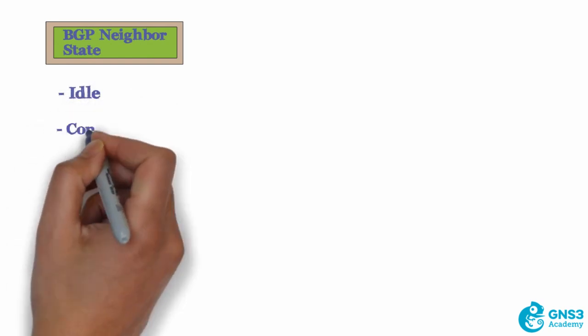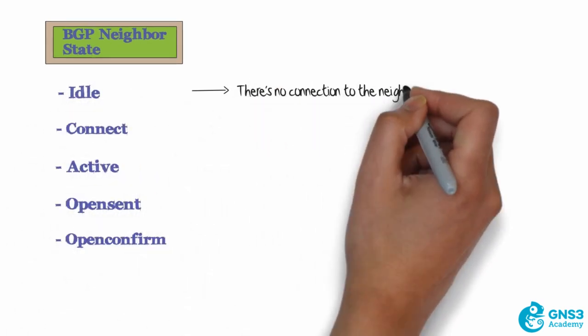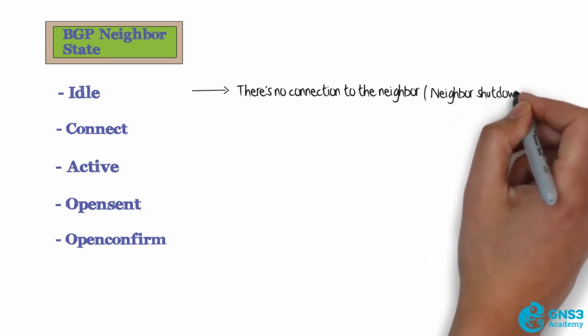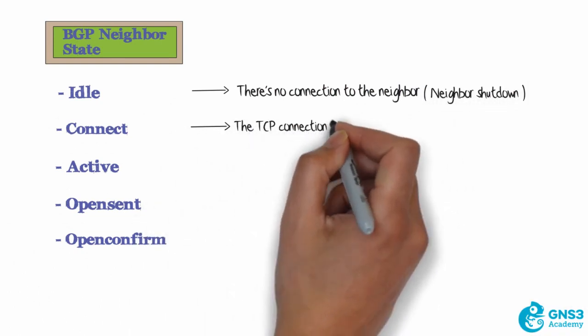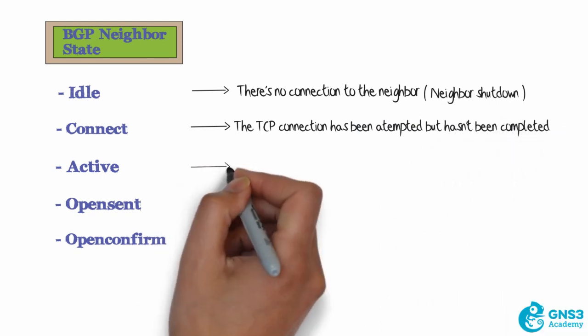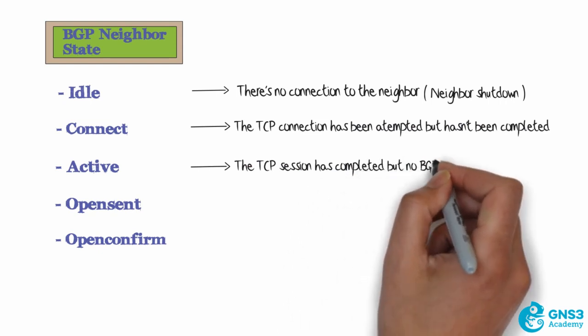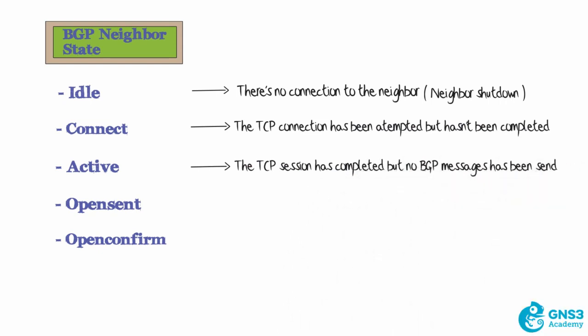Before we do that, let's summarize the BGP neighbor relationship states. We have idle once again, where the neighbor is shut down. We have connect, where the TCP connection is attempted but hasn't been completed. Active means that the TCP session has completed but no BGP messages have been sent. Typically, active means that you have IP connectivity to the neighboring device.